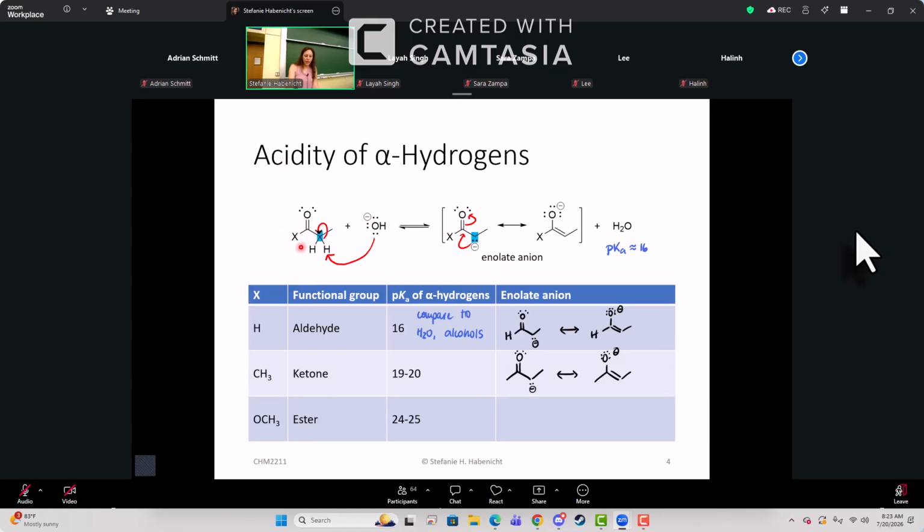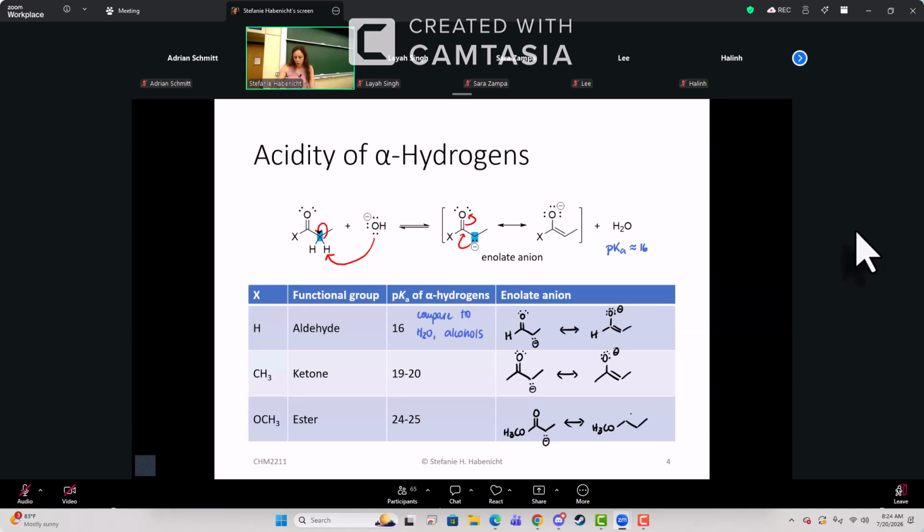What if this X substituent is an alkoxy group, like a methoxy group? Then we'd be looking at an ester. And it turns out the ester's alpha hydrogens are quite a bit less acidic, with a pKa in the neighborhood of 25. I'll go ahead and sketch the enolate anion formed from methyl propanoate real quick.